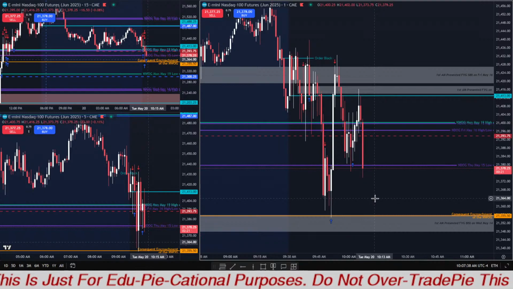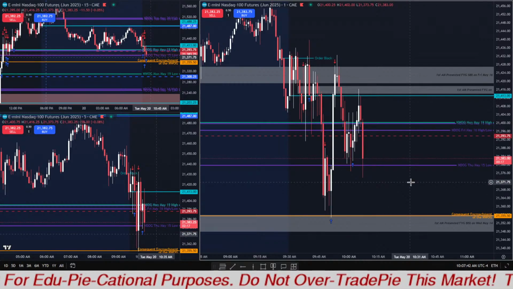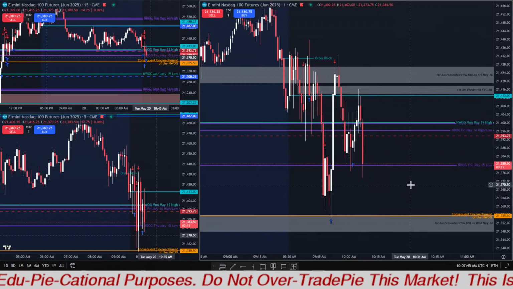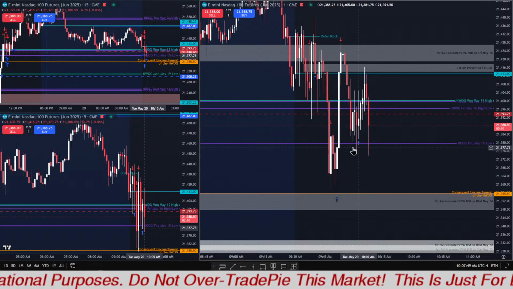Well, once again, we are trading below the new week opening gap low from last Thursday that had the sell side liquidity over here.